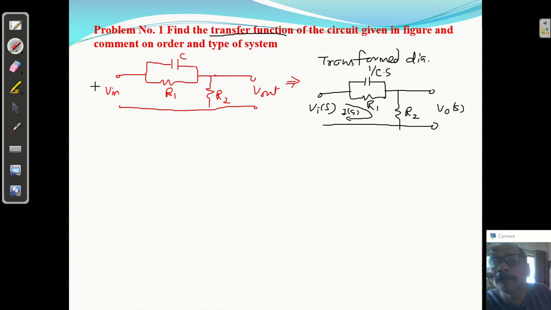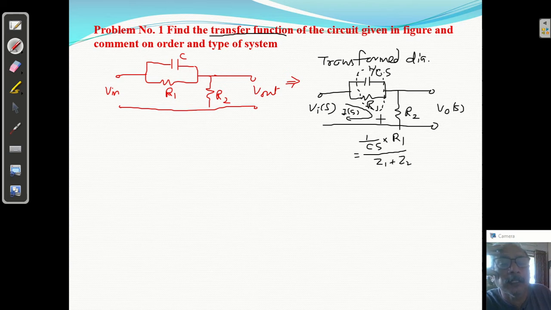Now you can see these two components are in parallel. So you can say Z1 into Z2 upon Z1 plus Z2, you can make it one. So 1 by C into S into R1, Z1 into Z2 upon Z1 plus Z2.